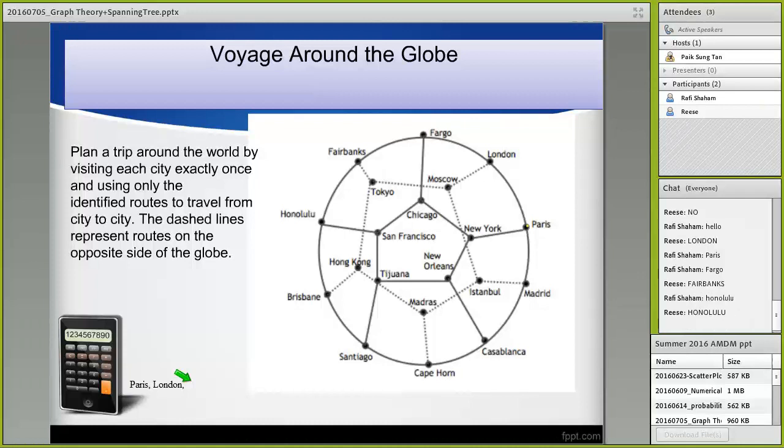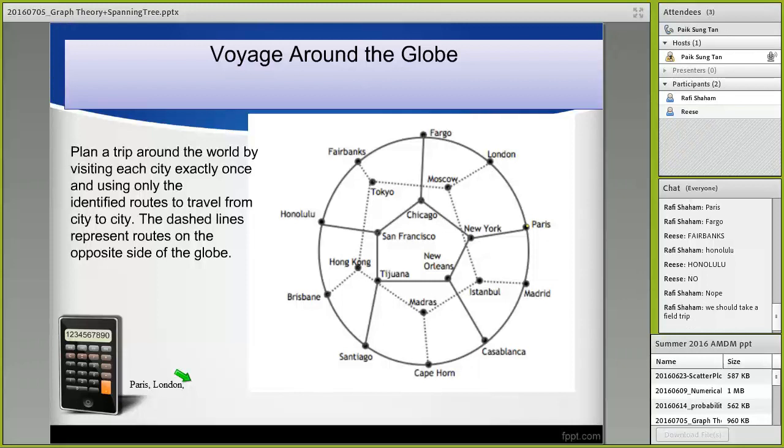Have you guys been to Honolulu? Yeah, I've been there in my dream. Never been there. Okay, so now from Honolulu, we have two choices. Where should we go? San Francisco or Brisbane?